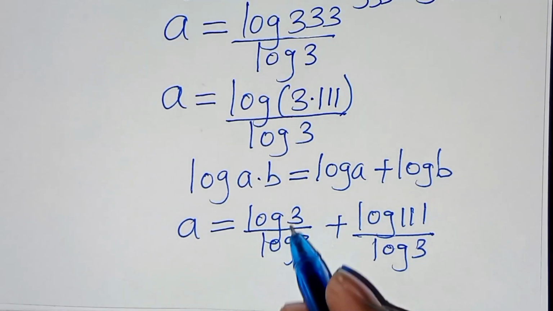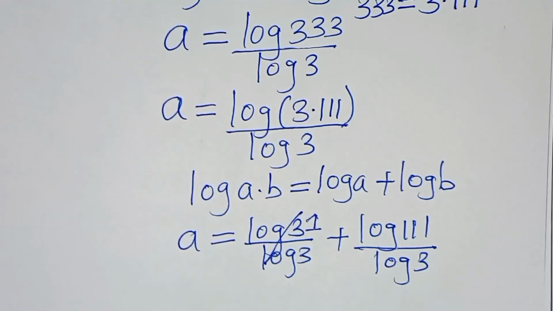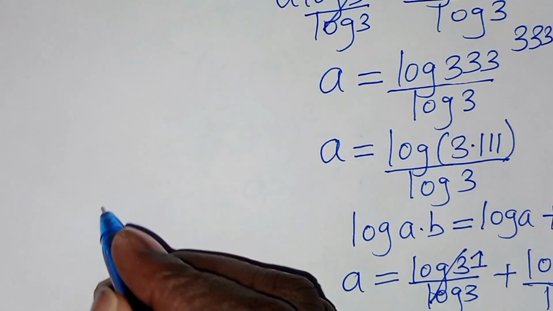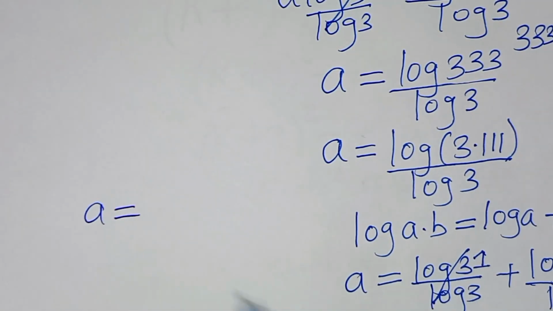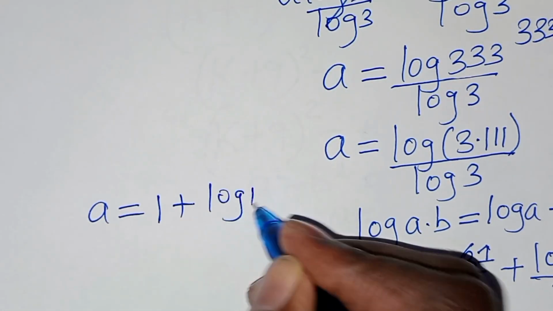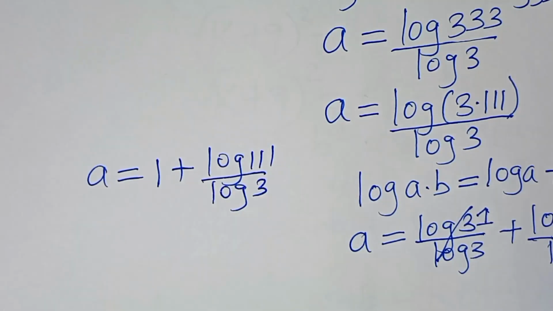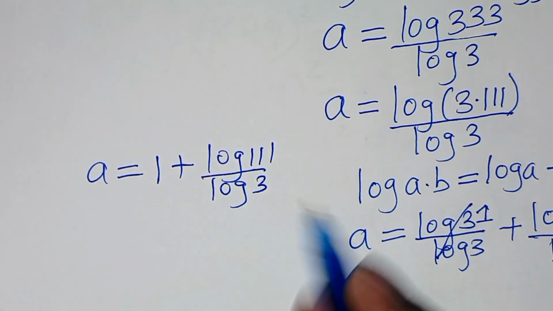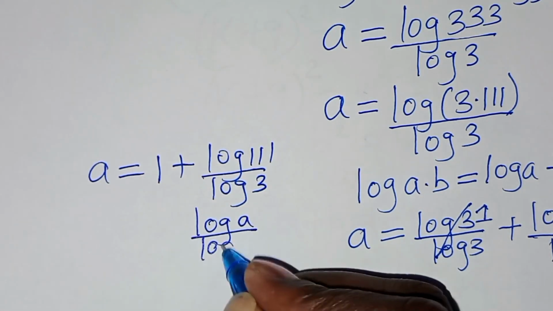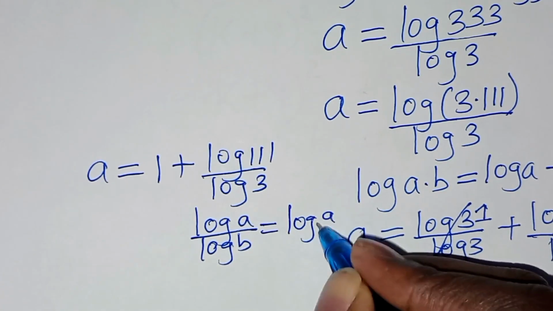So let's simplify here. Log 3 and log 3 simplify, so this is 1. So that now we'll have a equal to 1 plus log 111 divided by log 3. So log 111 divided by log 3, this is in the form of log a divided by log b, which we can express as log a to base b.